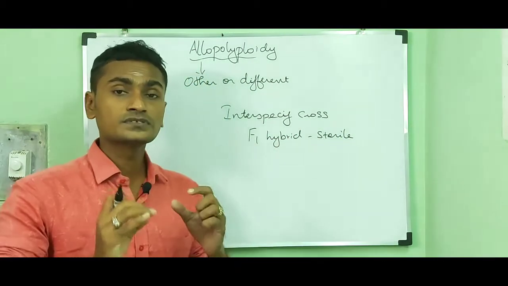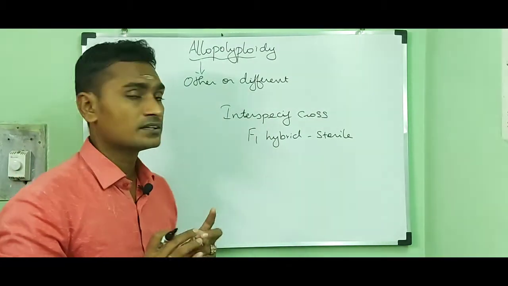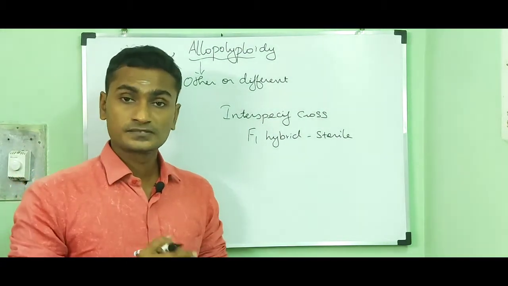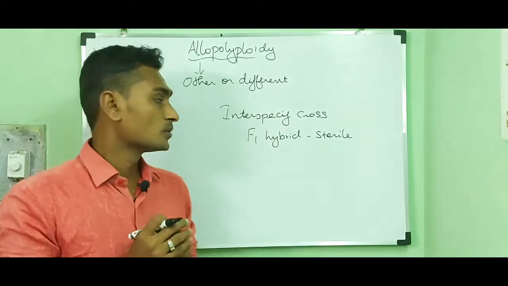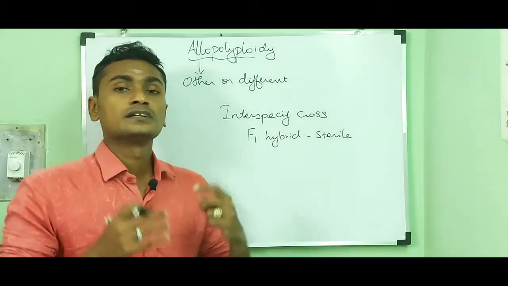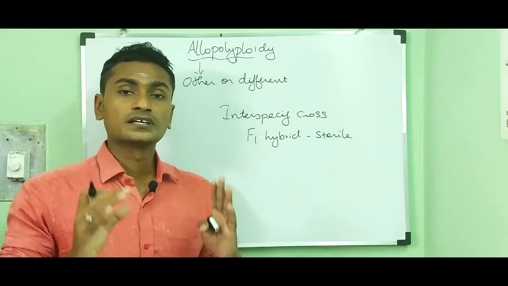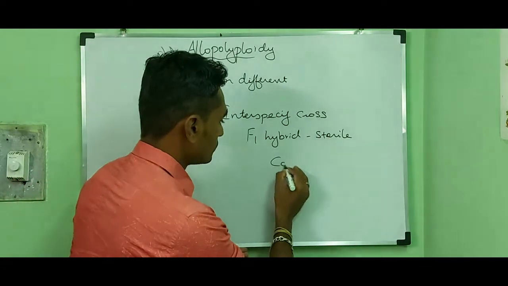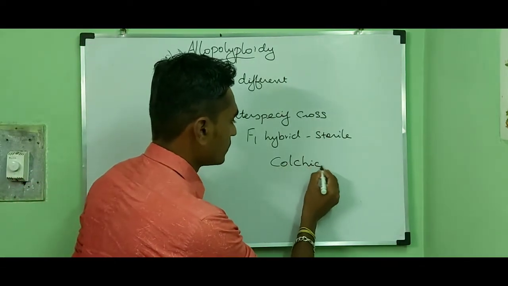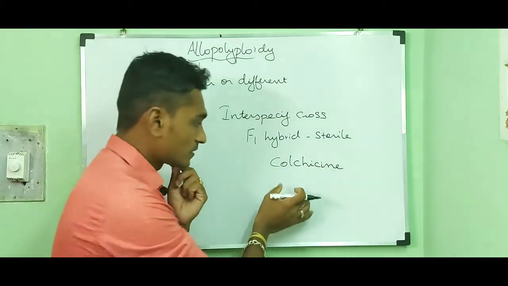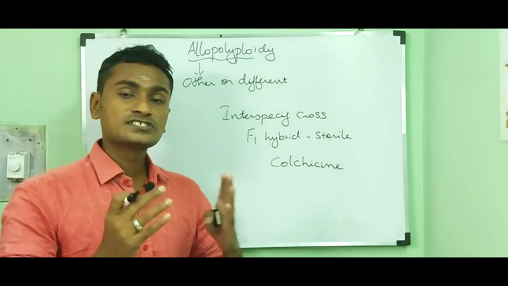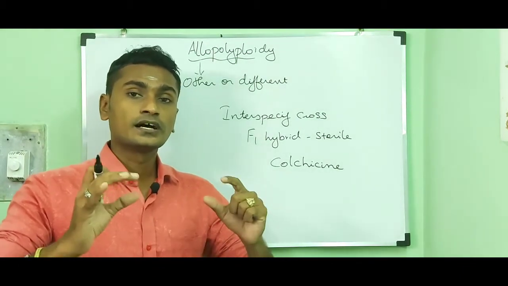So we have to restore the fertility of that allopolyploid. We treat that allopolyploid with the chemical called colchicine. By treating the plant with colchicine, we can restore the fertility of the allopolyploid.